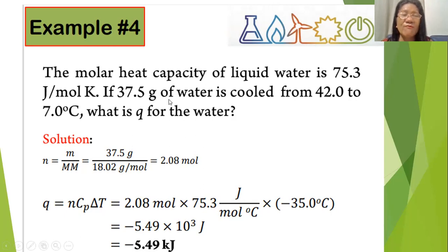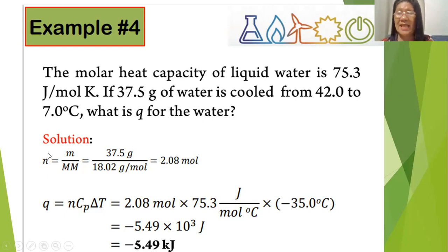If 37.5 grams of water, this is the mass of water, is cooled from 42 degrees centigrade to 7 degrees centigrade, meaning this is your initial and this is your final, your final 7 minus initial 42, the change in temperature will be negative 35 degrees centigrade.